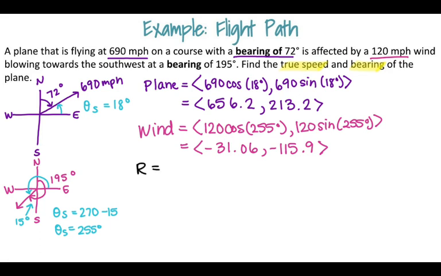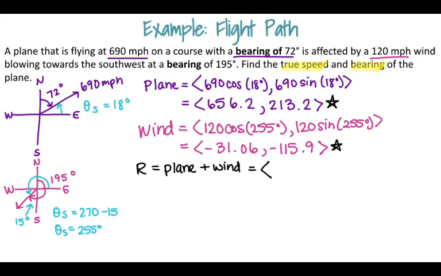The resultant vector is going to be the plane vector plus the wind vector. So I can go ahead and add these two vectors together. As I add vectors, I can take my horizontal components and add them together.